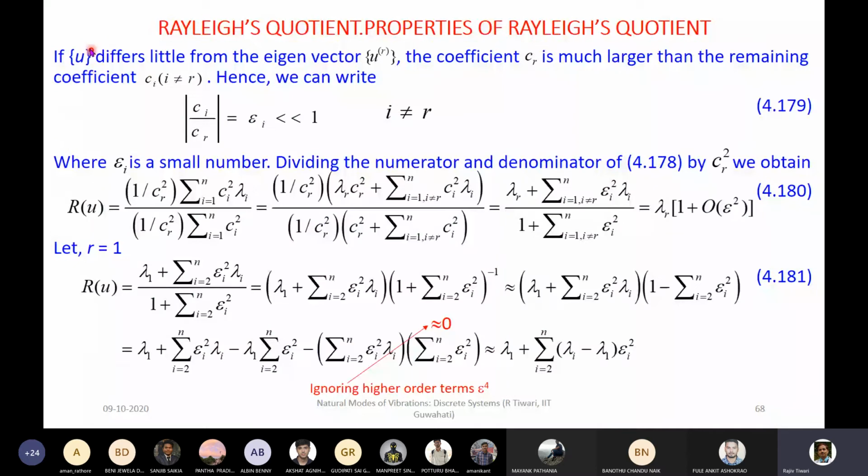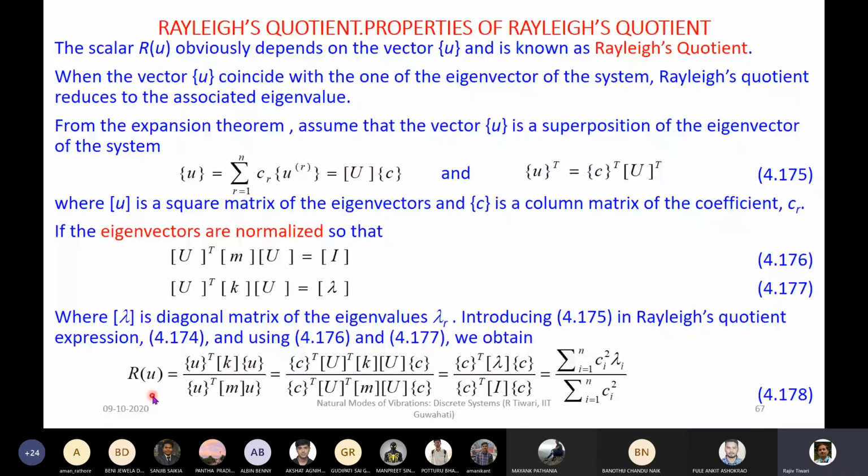Now let us say whatever u we have chosen, the arbitrary vector, is very close to the rth eigenvector. If it is exactly the rth eigenvector, then what will happen?